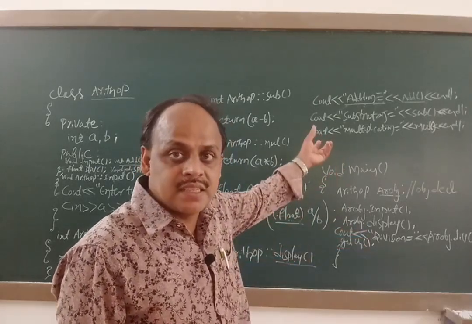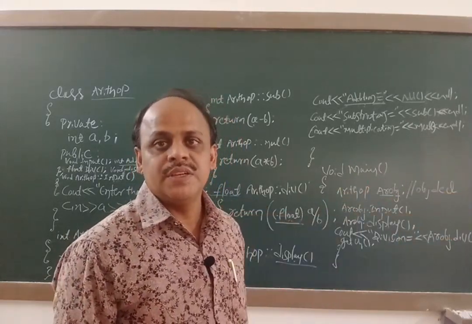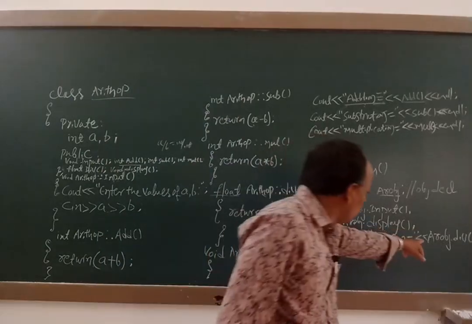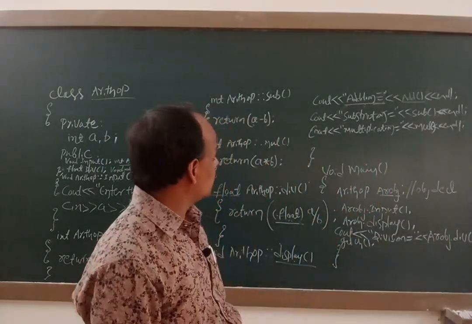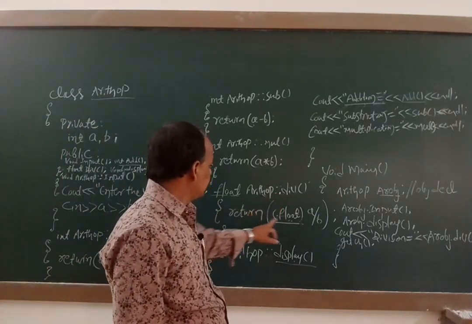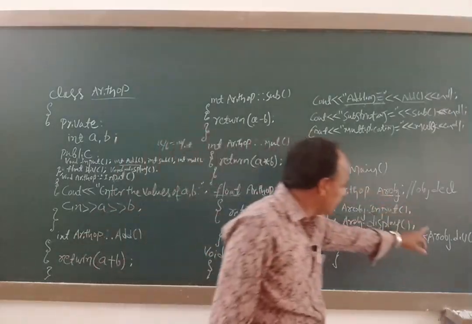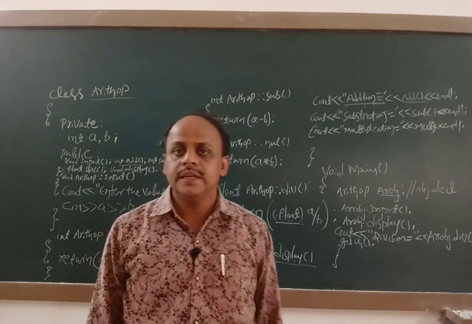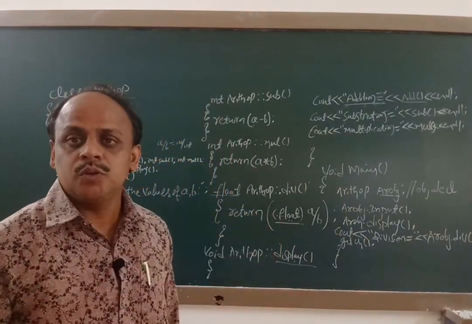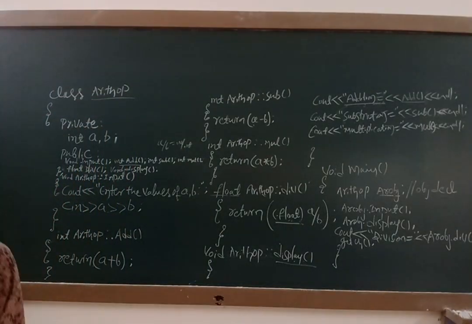To access that function, we have to use object dot division function, that is AROBJ dot div function. Then the cursor goes to the div function where the code is. Here the division operation is performed, and what it returns, that value comes here, right? So like this we have to perform arithmetical operations such as addition, subtraction, multiplication and division.